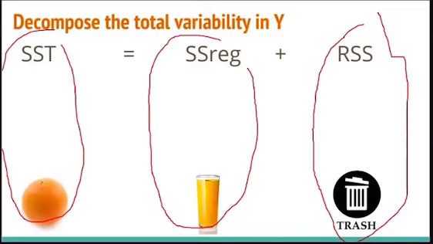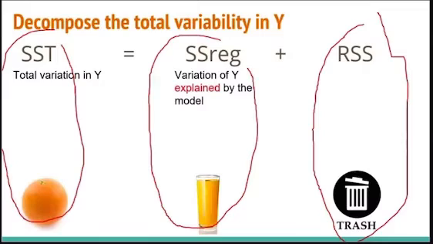So like I said, SST is the total variation in Y, SSreg is the variation of Y explained by the model, and RSS is the variation of Y unexplained by the model.